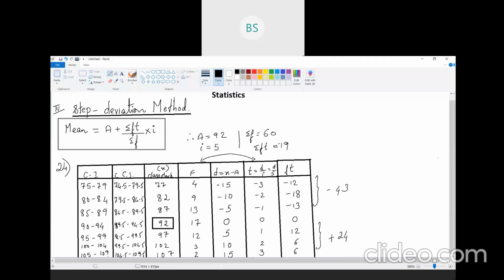Now we have found all the values. Now we will find the mean. So mean is equal to 92 plus minus 19 upon 60 into 5.